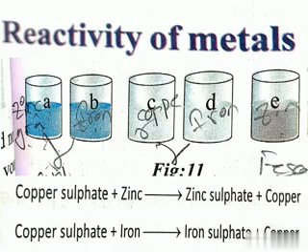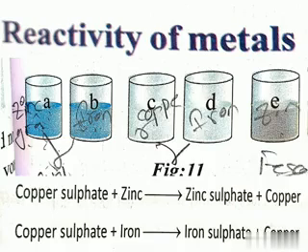Similar to the reactions in beakers A and B, there is a displacement of zinc from zinc sulfate solution by copper in beaker C, iron from iron sulfate by copper in beaker D, and zinc from zinc sulfate by iron in beaker E. Do you find any changes in beakers C, D and E? In beaker C we took zinc sulfate, so this zinc is displaced by copper.